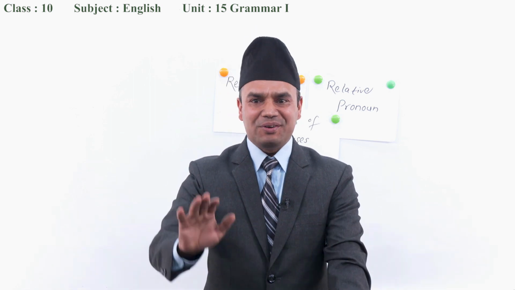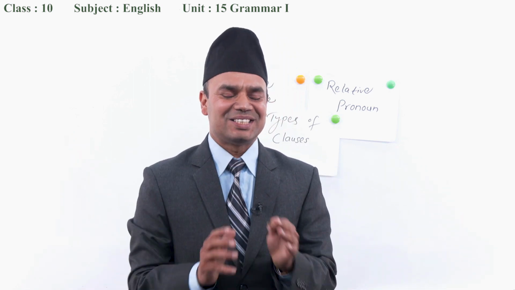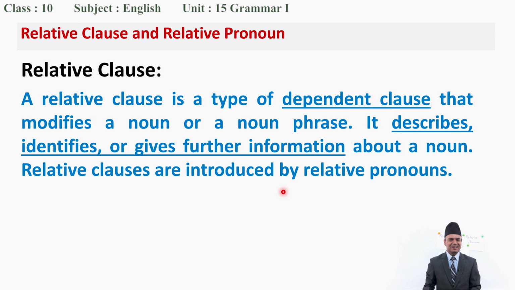So without delay, let's learn about this concept, relative clause. A relative clause is a type of dependent clause that modifies a noun or a noun phrase. It describes, identifies, or gives further information about a noun. Relative clauses are introduced by relative pronouns.